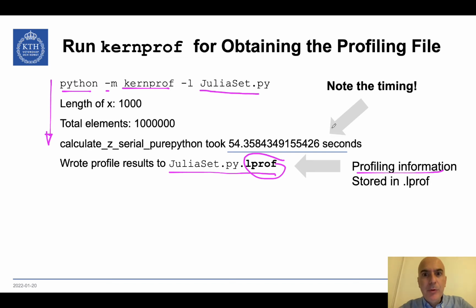One thing I want you to notice is that the function that has been profiled now takes 54 seconds. If you remember from the previous run, this typically takes on this laptop about 5 seconds when it is not instrumented.